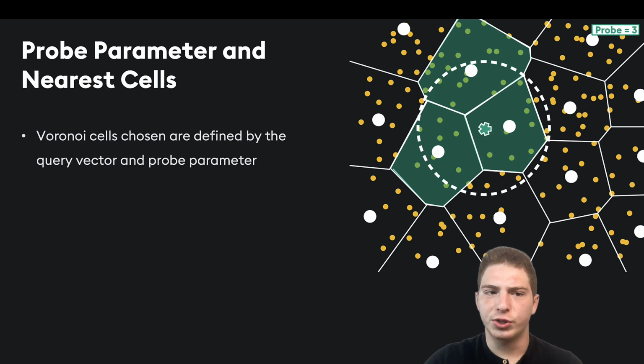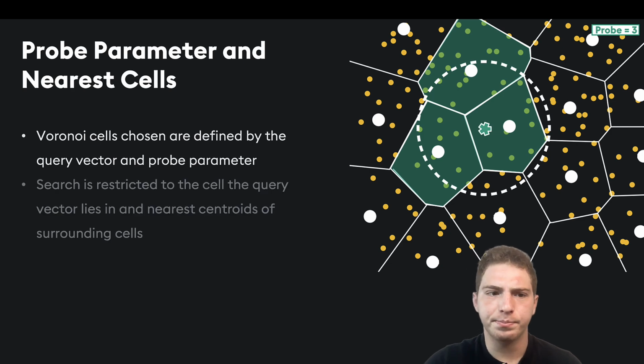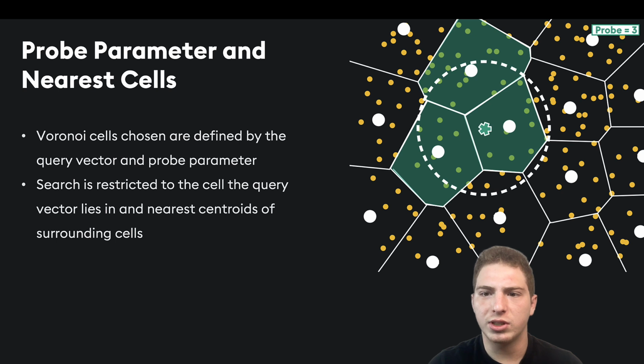When we're making a search, our cells that are chosen are determined by our query vector and our probe parameter. So our search is restricted to the cell the query vector lies in and the nearest centroids of the surrounding cells. So when we make a search, we take our query vector, we find the n closest centroids, which is determined by the n probe parameter, and then we only search the cells that encapsulate those centroids.